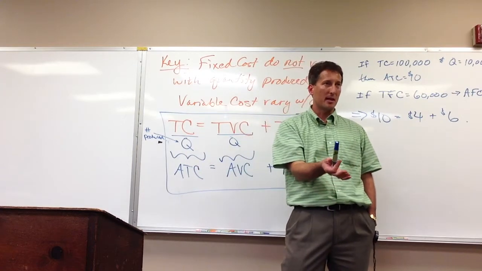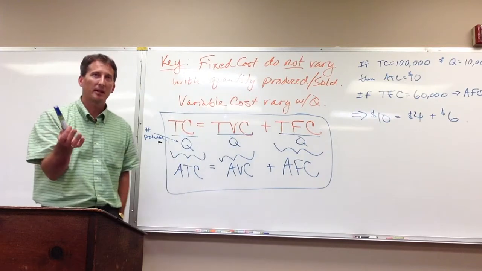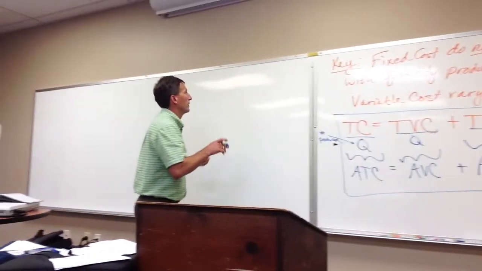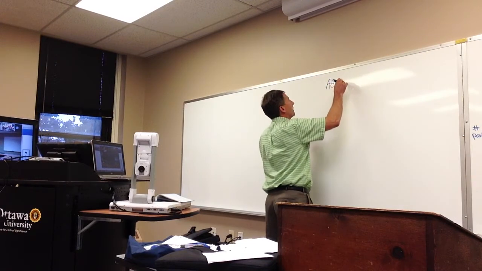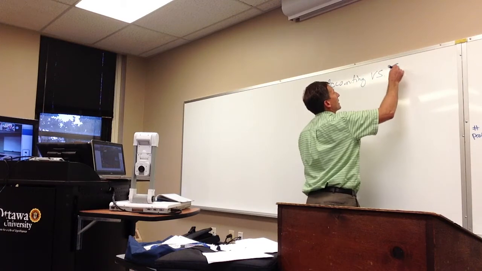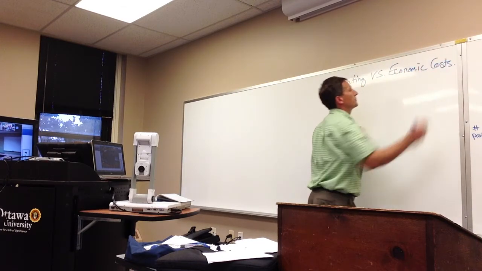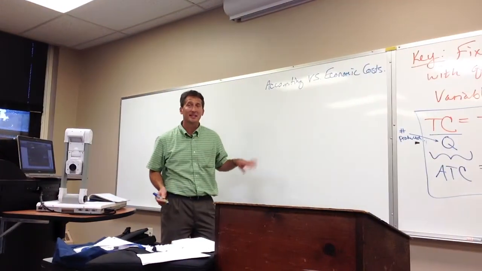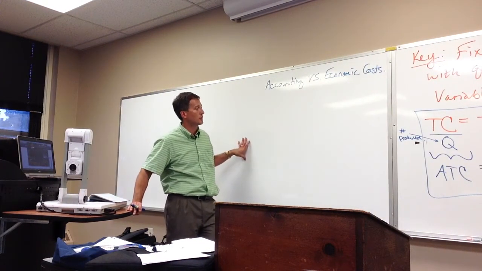It's a restaurant example. So I'll give you those links for that if you want to look at this a little bit closer. But what we're making a distinction on is accounting versus economic costs. That'll ultimately lead us into profit, by the way, but we're going to focus in on cost at first.